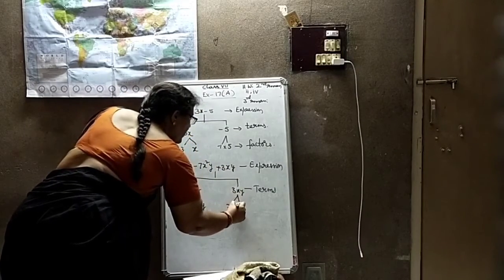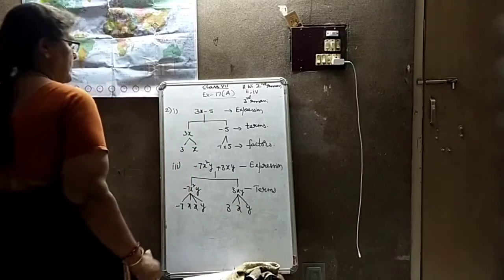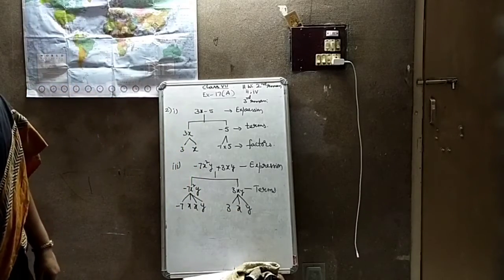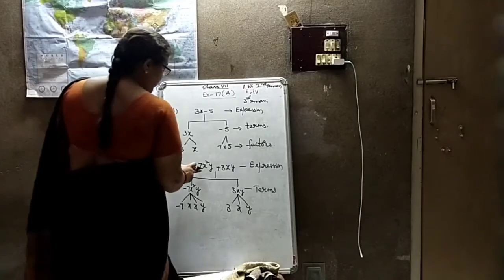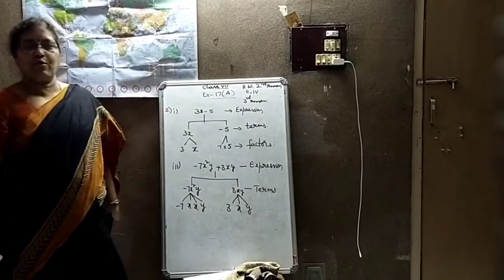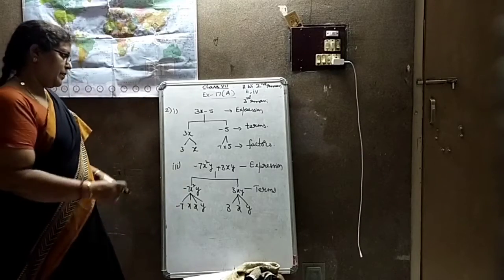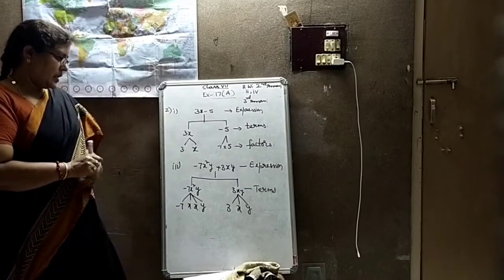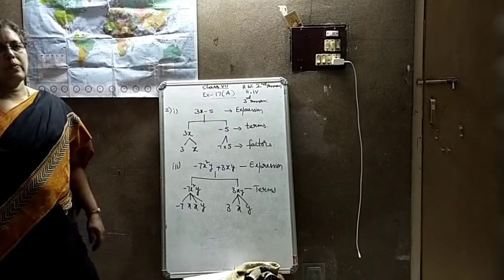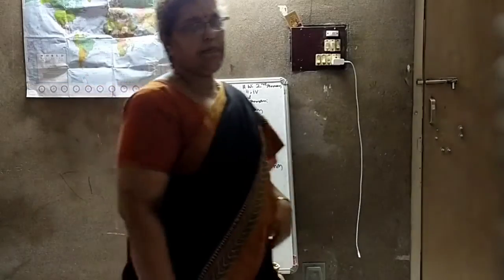3xy. These are numerical coefficients. Please remember, I forgot to revise coefficient models to you. Numerical coefficient. Okay. If you complete, I will go for the fourth sum and fifth sum.